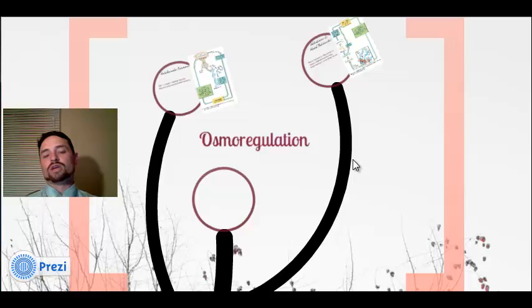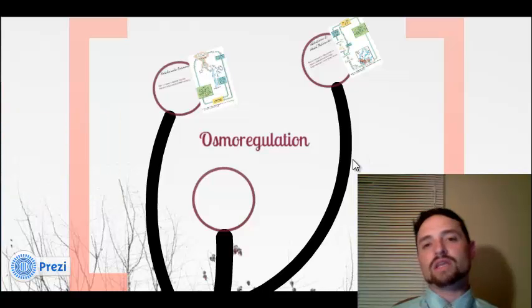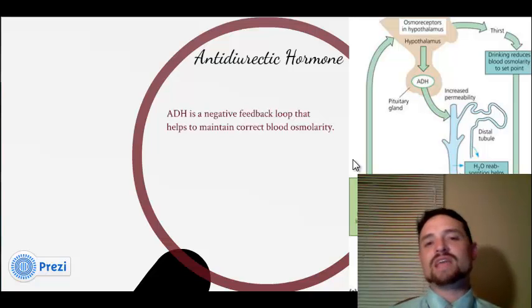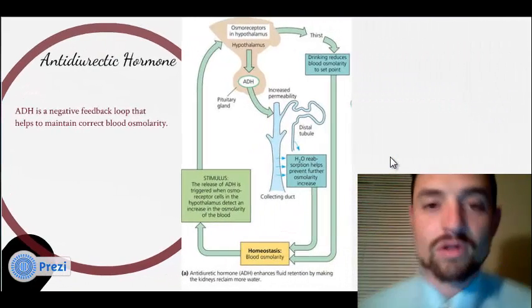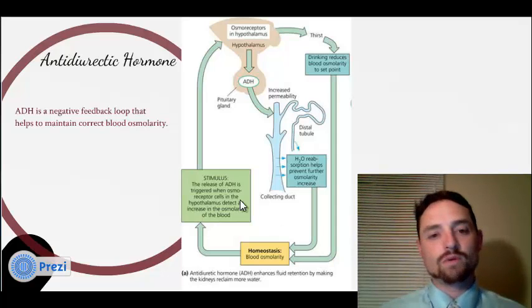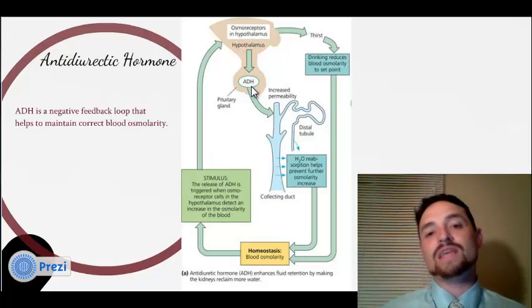All right? So now the last thing I want to look at is regulation. There's two hormones that we're going to talk about. First is ADH. ADH is a negative feedback loop that helps maintain correct blood osmolarity. So let's say you start to lose water from the blood. In other words, you start to dehydrate. Well, what happens is it stimulates the hypothalamus to produce ADH.